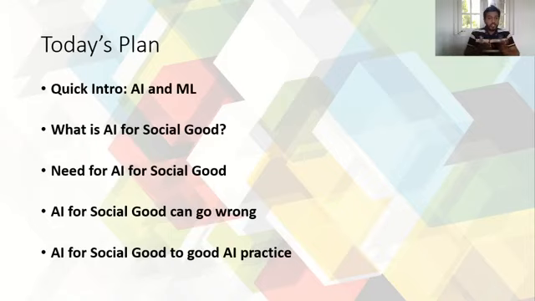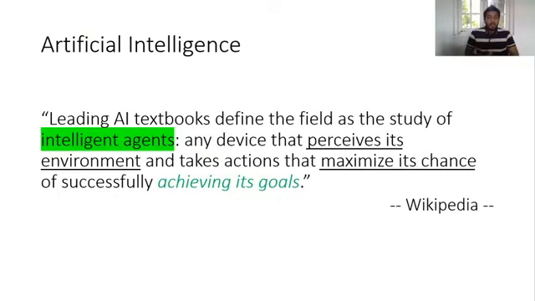I'm mainly going to touch on it so that everyone's on the same page, and then I'm going to convince you what AI for social good is, and the need for AI for social good, and then how AI for social good can go wrong, and eventually talk about how certain aspects that are fundamental to AI for social good are now becoming more and more important in mainstream AI practice as well.